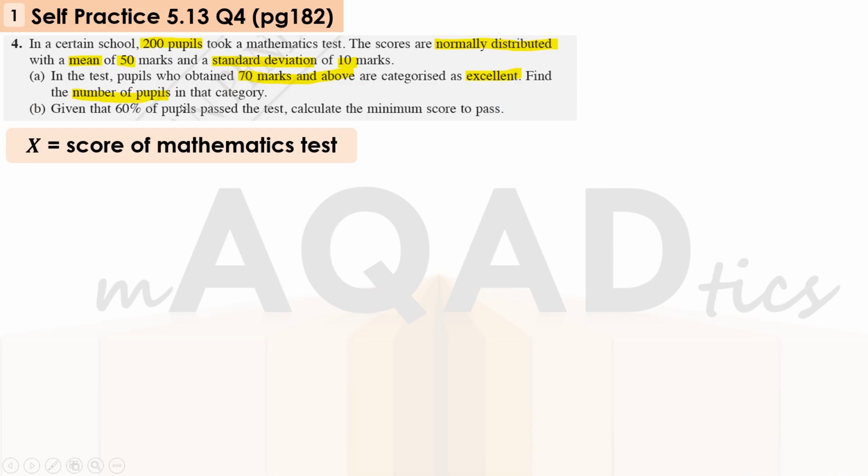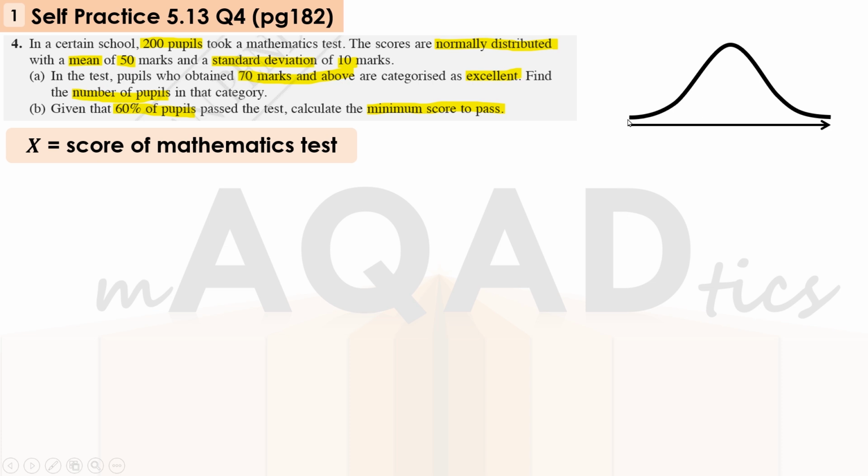For the next part, we have 60% of pupils pass the test, so we need to find the minimum score to pass, or the passing score. To understand this question, let's view it from the normal distribution graph, where the x-axis is the scores of the mathematics test.